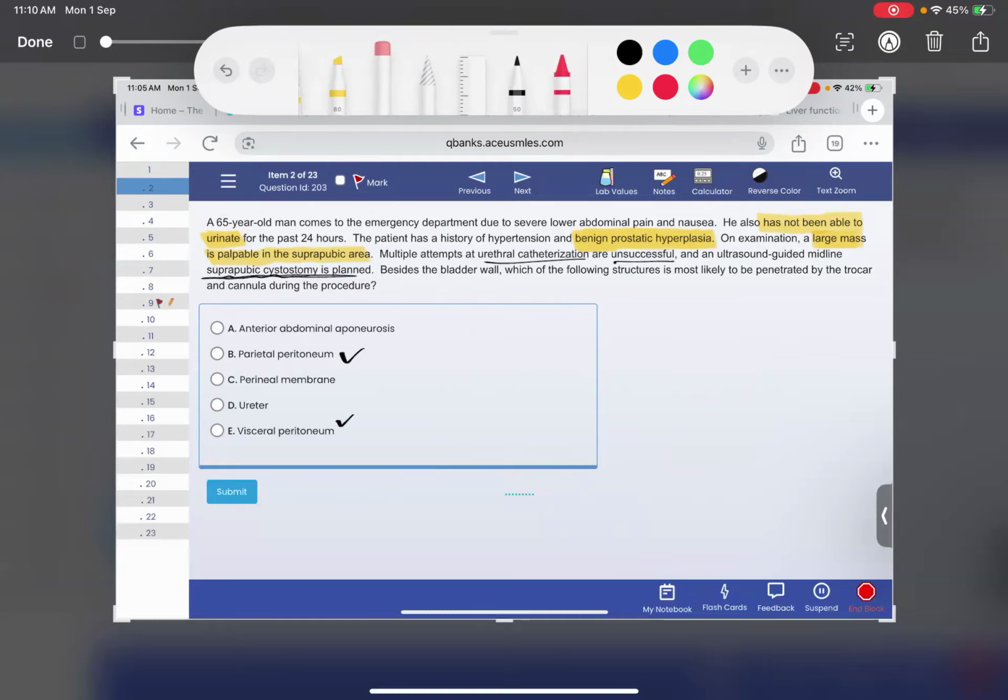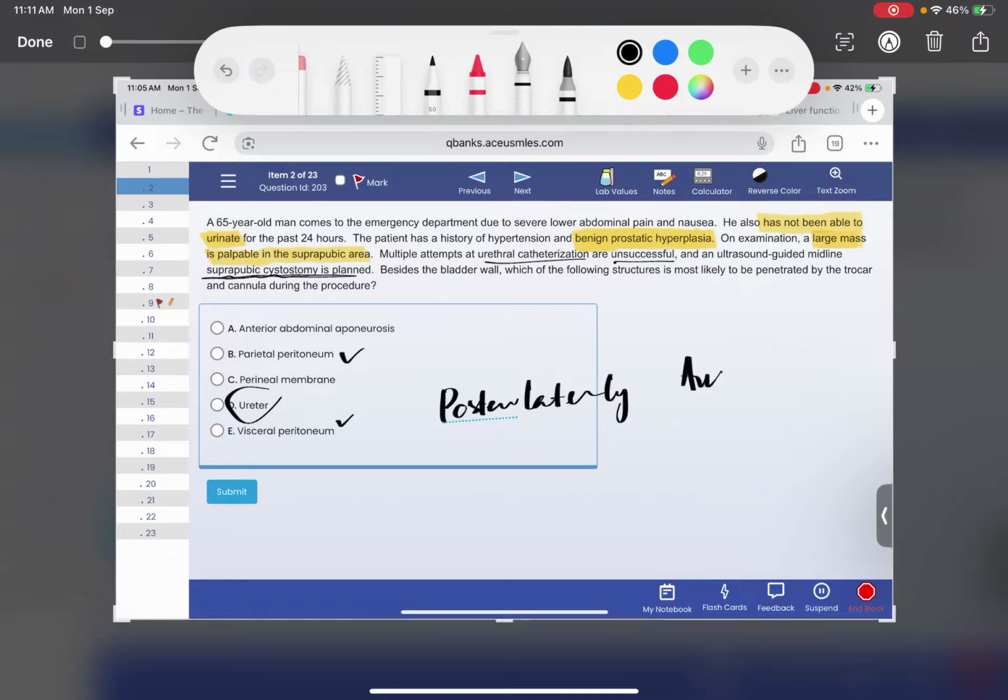The ureter, how is the ureter entering into the bladder? Obliquely, posterolaterally. We are coming from the anterior side, right?